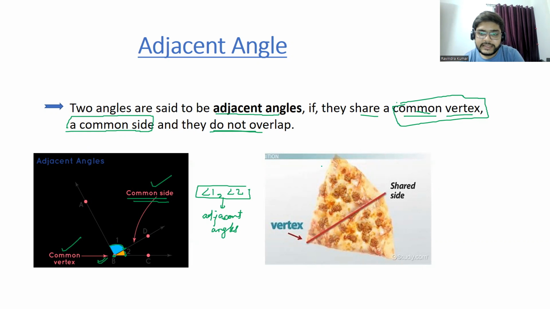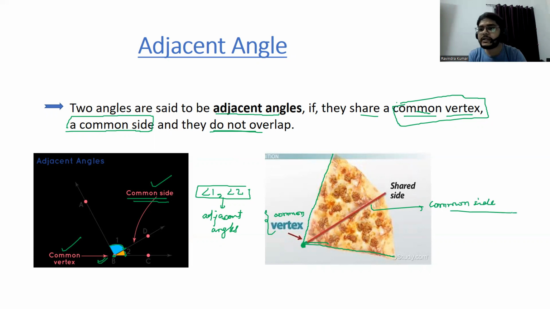Here is a ray and here is another ray, and this is the common point of all the rays, so we can say this is a common vertex and this is a common side. Very good.